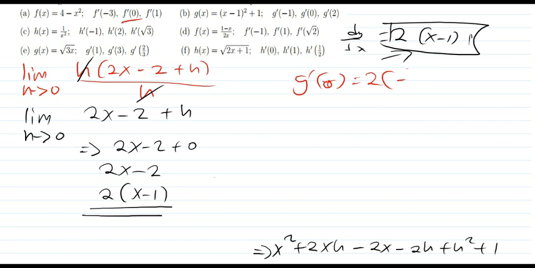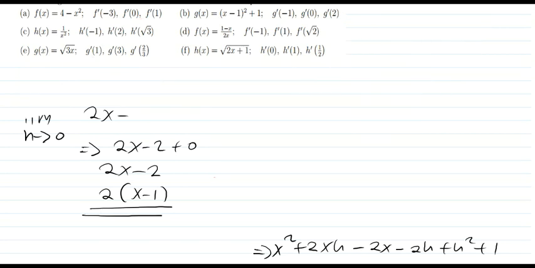Oh, it's 0, so we are plugging in 0 minus 1, so it will be 2 times negative 1, which is just negative 2. Now you can also go ahead and plug in 2, 2 minus 1 is 1. 1 times 2 is going to be 2. That is part B.